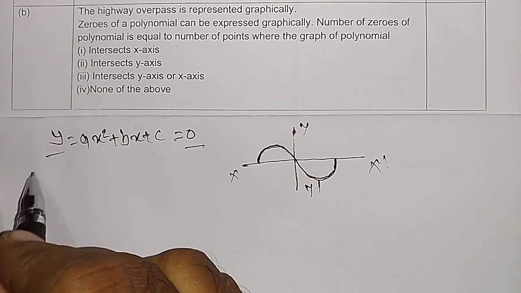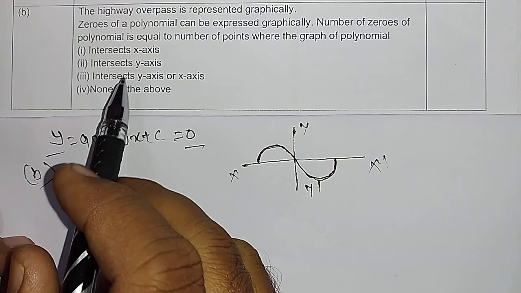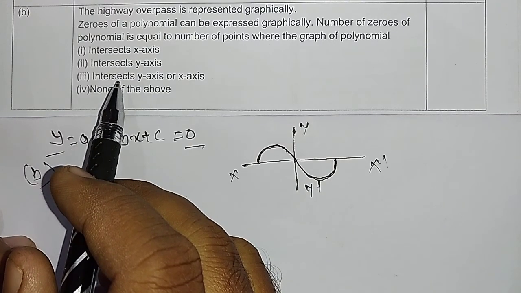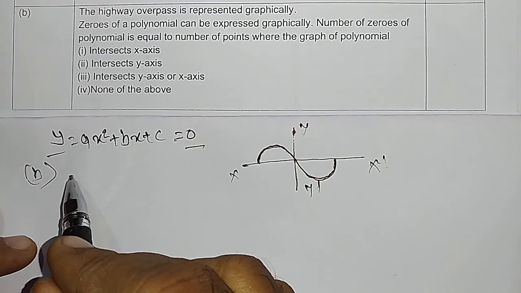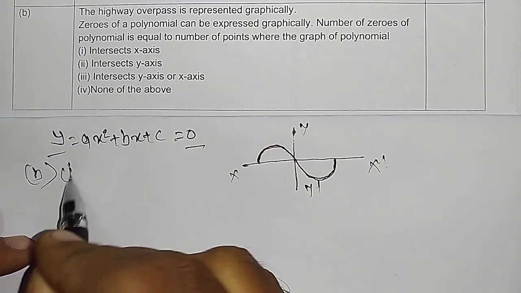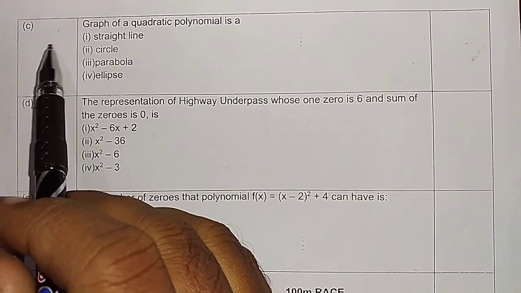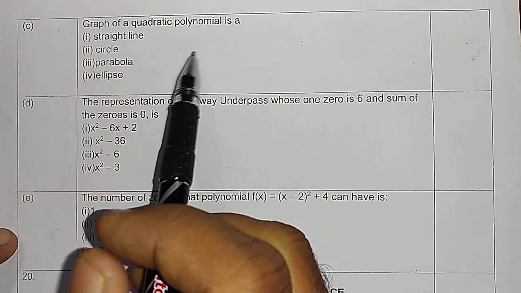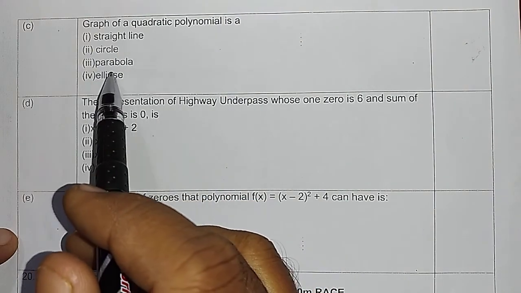So the answer of B is: whenever the graph intersects the x-axis, we get the number of zeros. So the answer will be B first. Now question number C: the graph of a quadratic polynomial is, as we already learned, a parabola.